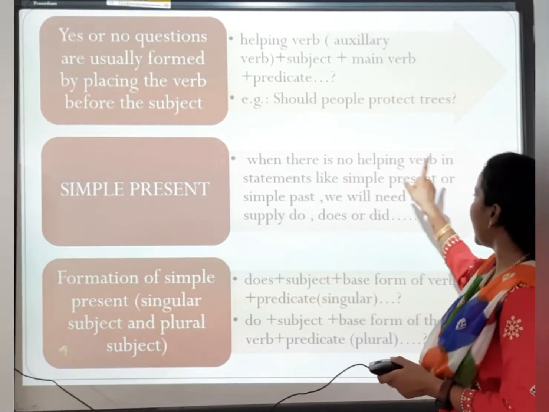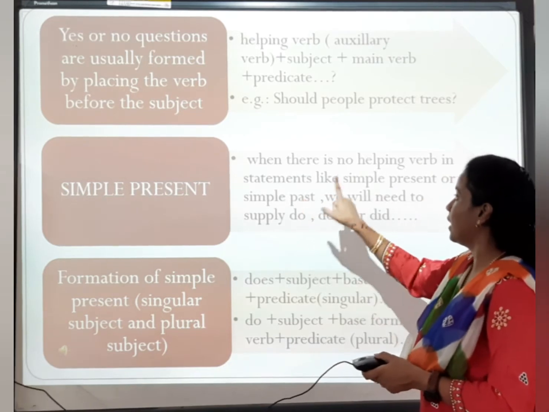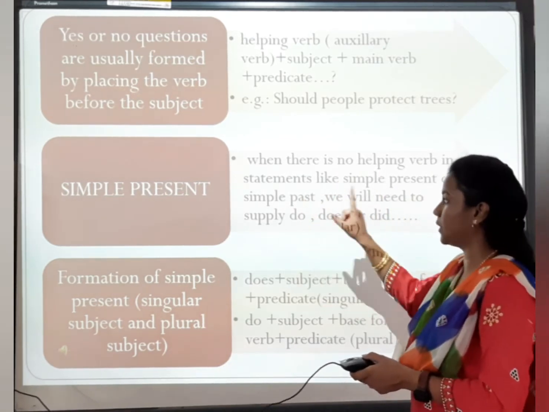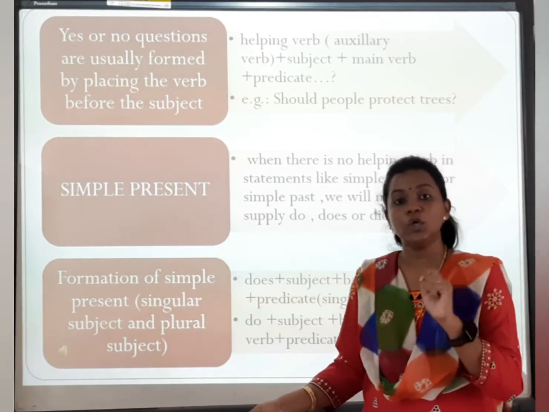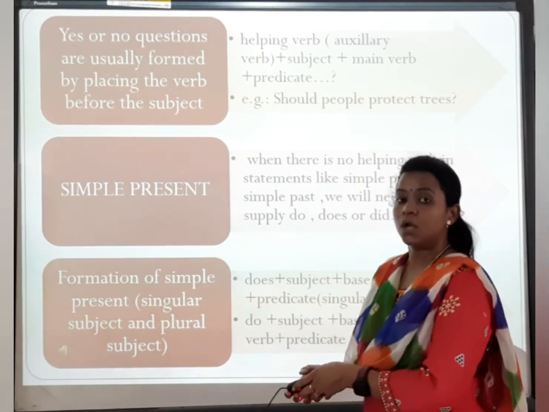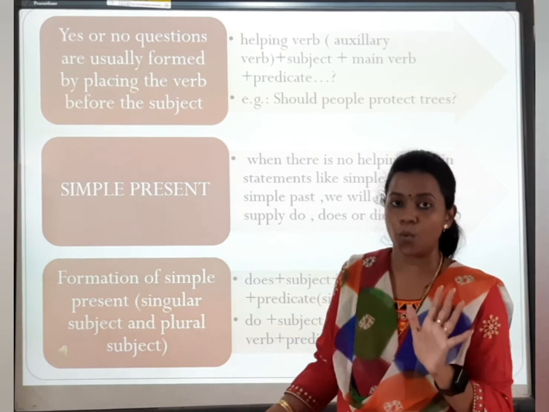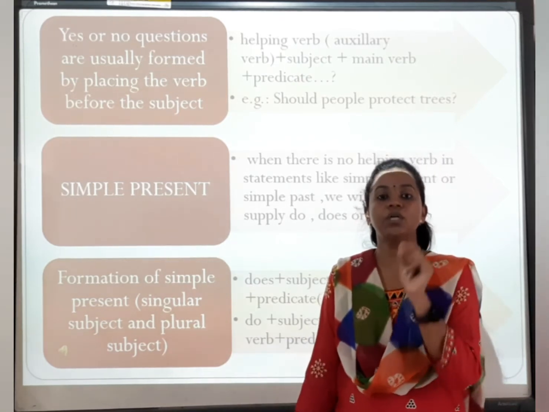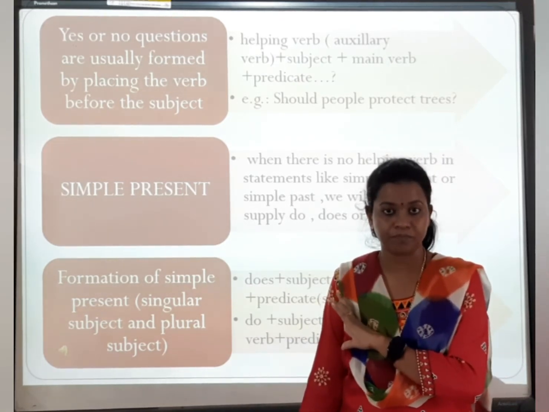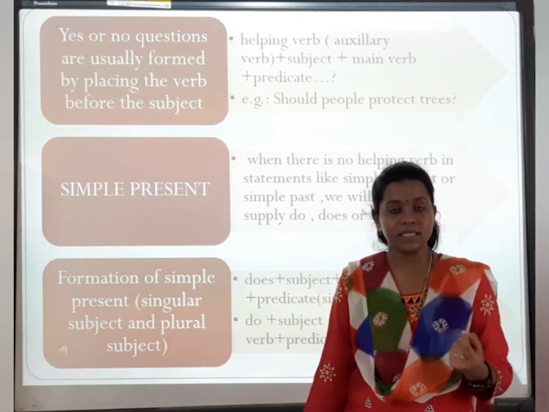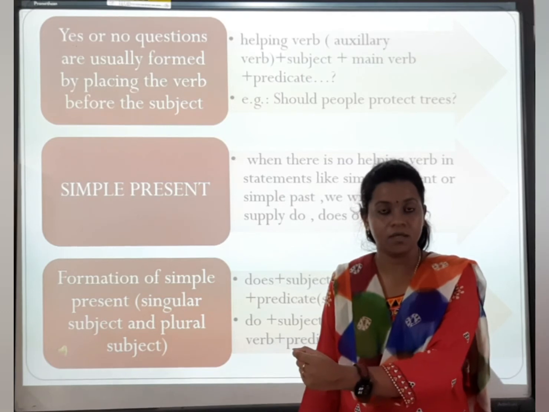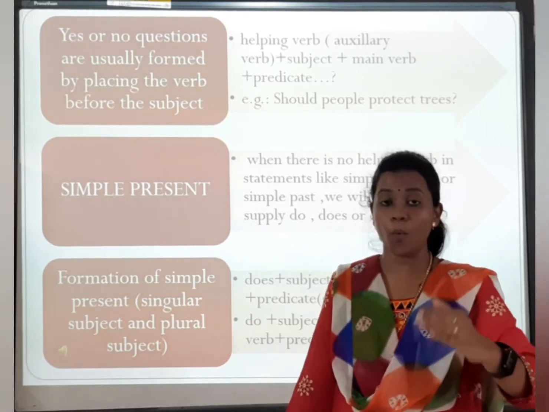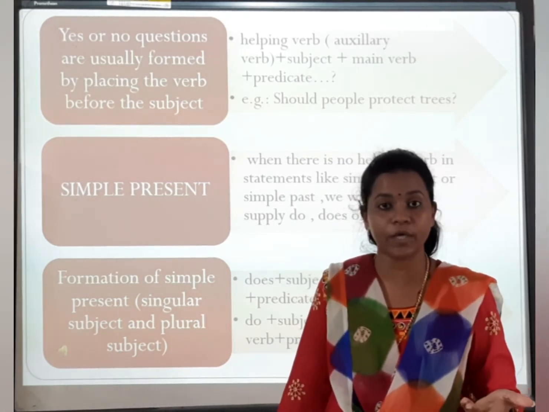So when there is no helping verb in the statement, like in simple present or simple past. Now see here, if the sentence was we should protect trees. Okay, the sentence is we should protect trees. So what will be the question we will make for yes or no?